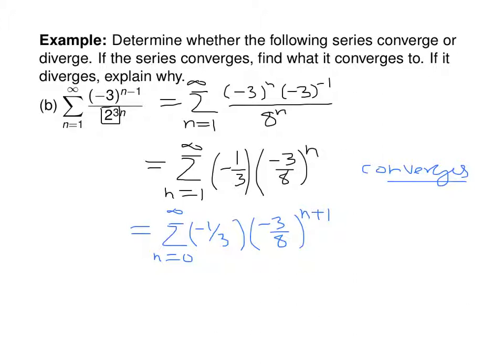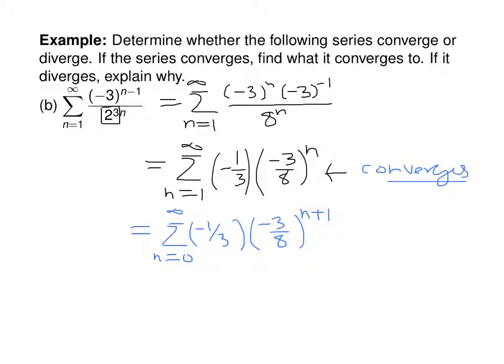And you can just check and see that they're the same. When you plug in 1 in the black one, you have negative 1/3 times negative 3/8 to the first. The blue one, same thing, negative 1/3, negative 3/8 to the 0 plus 1, which is 1.